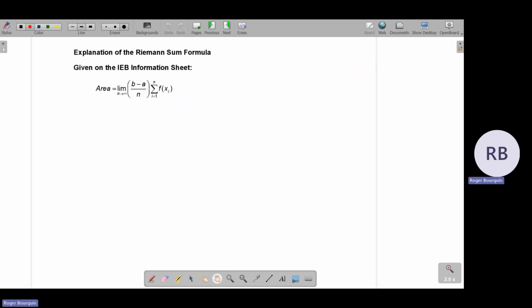Explanation of the Riemann sum. What we're doing now is really what it's all about. You get given this on the formula sheet. You have to understand what each of these bits means.